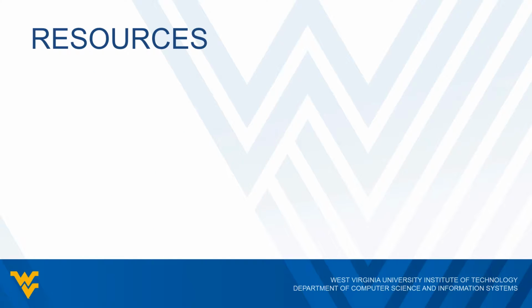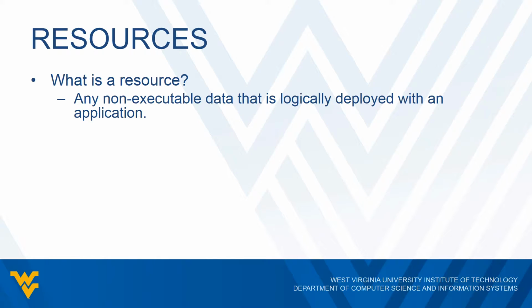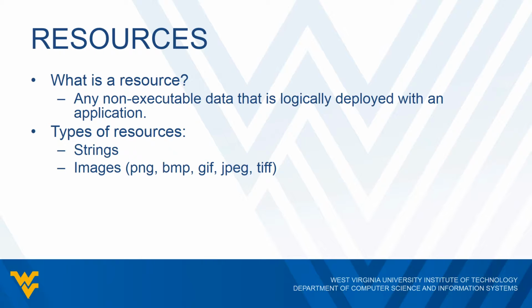So what would be considered a resource? Well, it's going to be any non-executable data that can be deployed in the application. In other words, any file that's not executed. So let me give you a couple of examples of different types of resources that we could have. We can include strings, we could have images, so PNG, BMP, GIF, yes, GIF, not GIF, JPEG, and TIFF files would be examples of images, but any image file would be a resource.